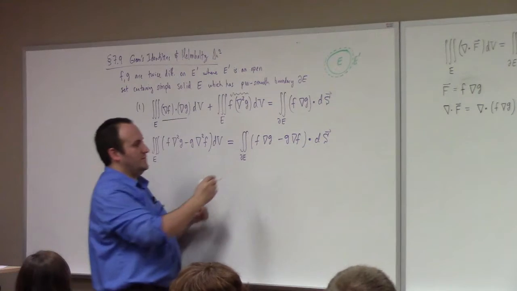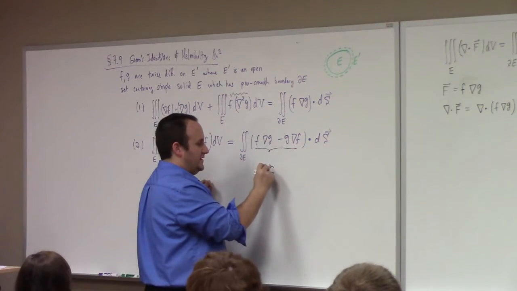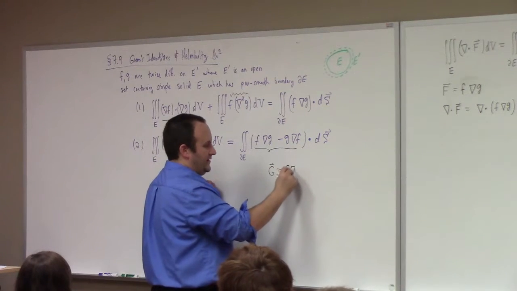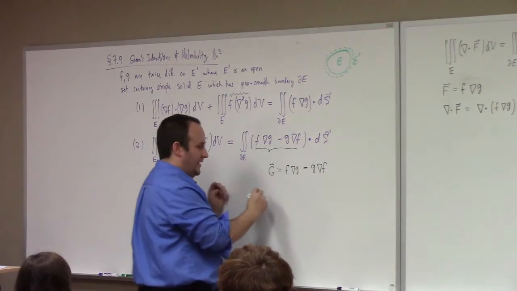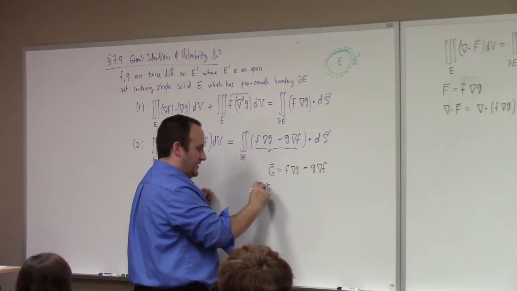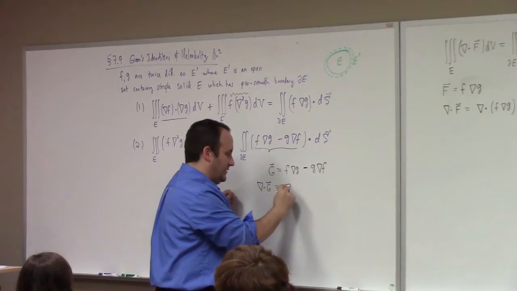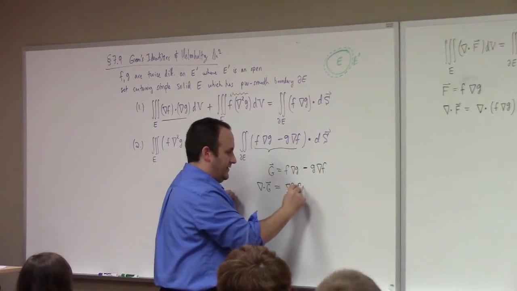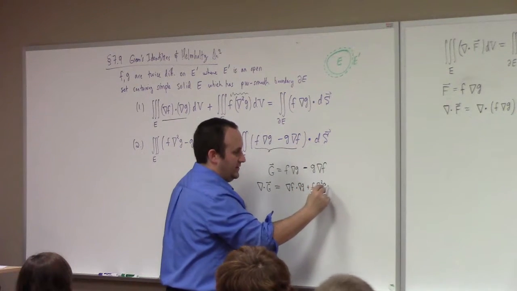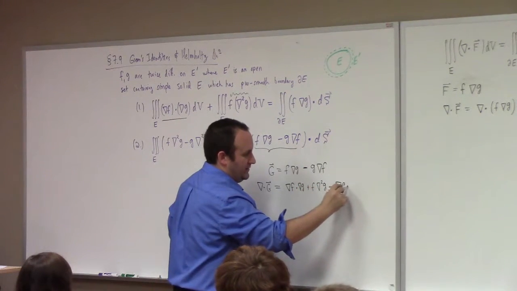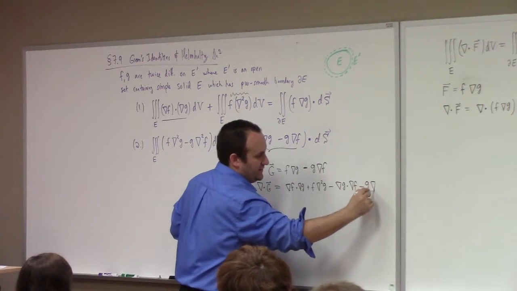Looks like this time we're going to use the divergence theorem with something like, let's say, G equal to f gradient of g minus g gradient of f, right? And when you calculate the divergence of G, what do you get? Two product rules, right? The one product rule, you get gradient f dot gradient of g plus f Laplacian of g, minus gradient of g dot gradient of f, minus g Laplacian of f.